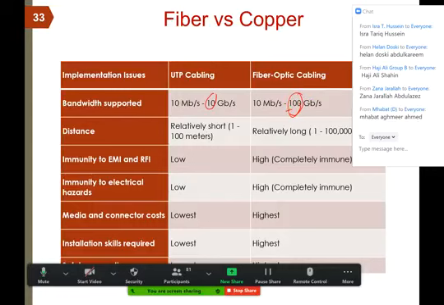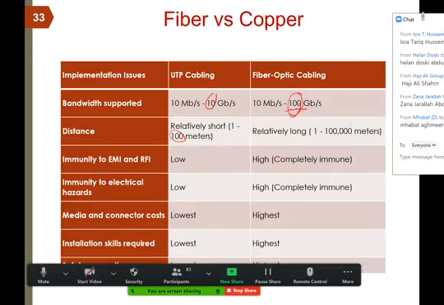Of course, as we said, the limit is not the media, but here mostly the limit is media with UTP. The distance, as we said, for UTP, you need a repeater every 100 meter. But the fiber can go up to 100 kilometer. If it's a single mode, it can go up to 100 kilometer without a repeater.